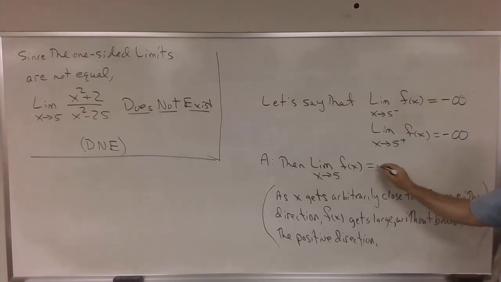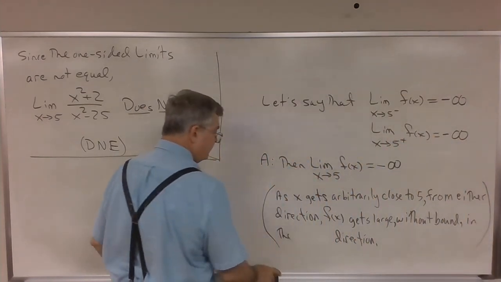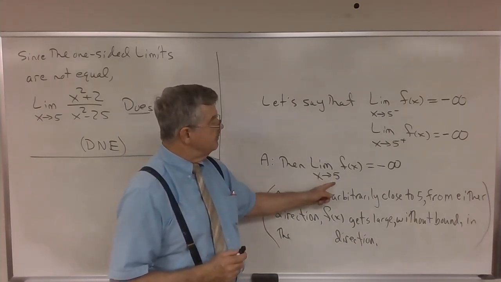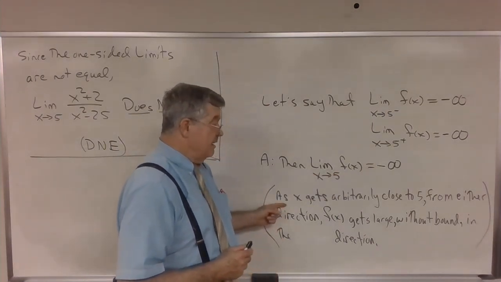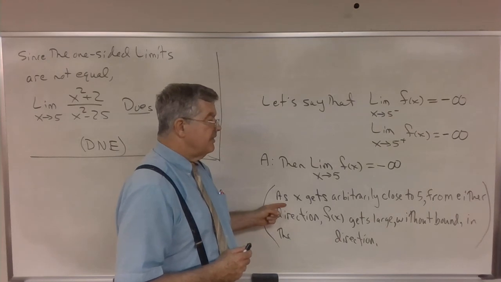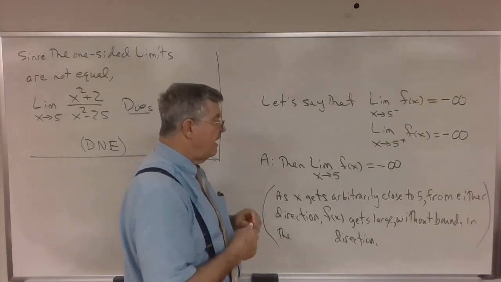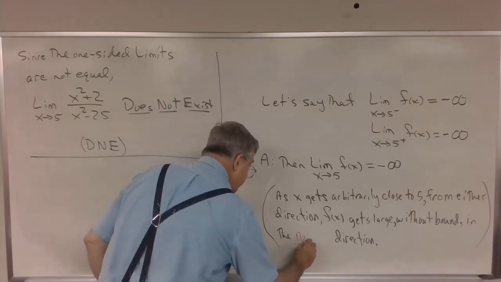In that case, the limit as x approaches 5 from either direction would have been negative infinity. And here's how we interpret that. Limit as x approaches 5 of f of x equals negative infinity means that as x gets arbitrarily close to 5 from either direction, f of x gets large without bound in the negative direction.